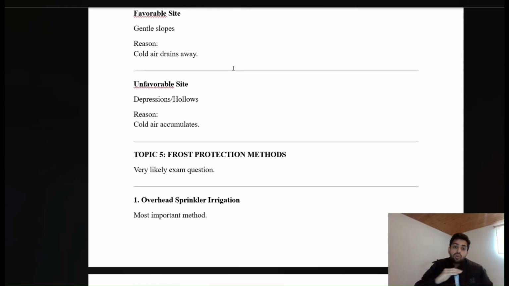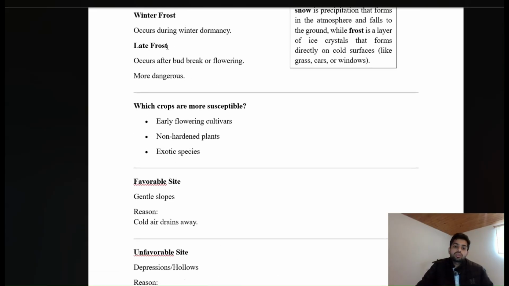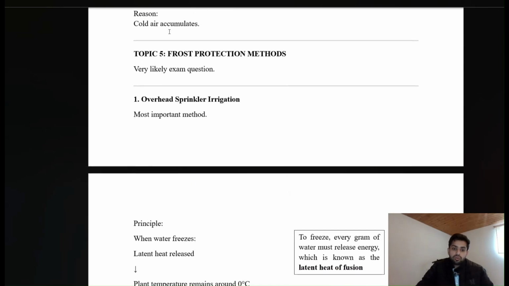The cold air that drains away goes to the lower side, and if we plant any crop there, in hollows and depressions the cold air accumulates, which can be very dangerous for our crop. So this is all about frost.